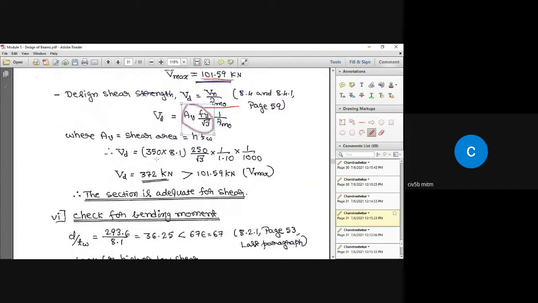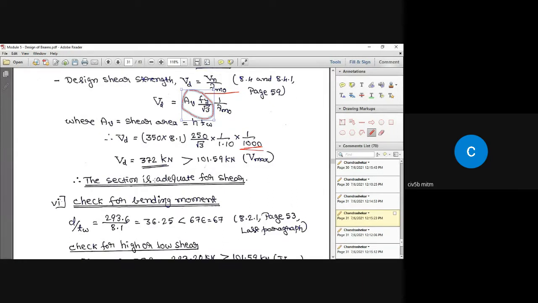So look here. Av is 350, that is the overall depth, multiplied by 8.1, that is the web thickness. So this gives the web area, and Fy is 250 by root 3, and gamma M0 is 1.10. Convert that value into kilonewton by dividing by 1000. So VD is the design capacity of this section.